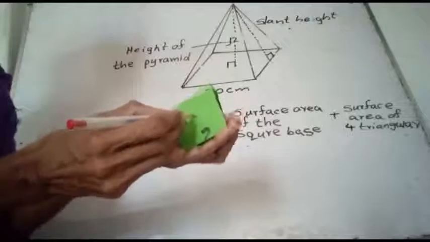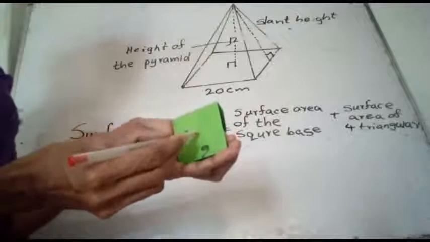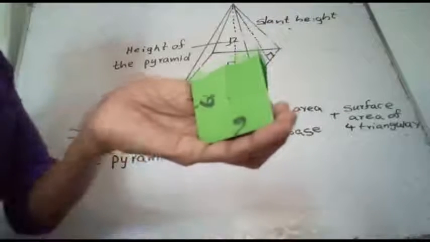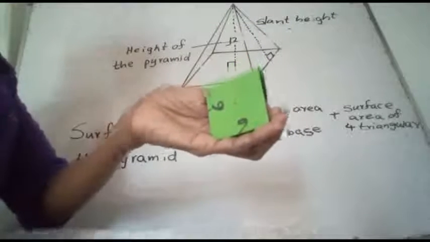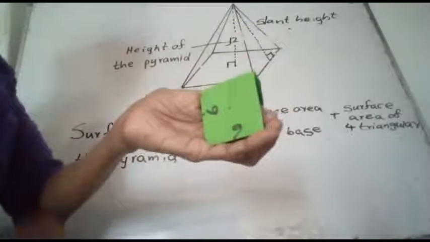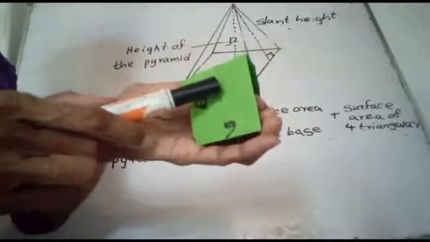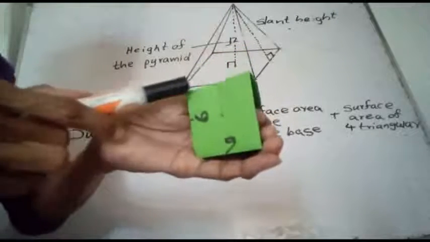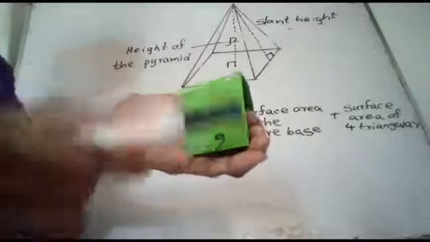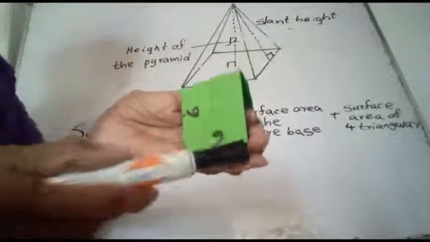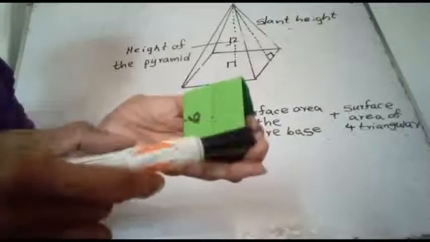The distance from the center of the base to the middle of this side is equal to half of the length of this edge.